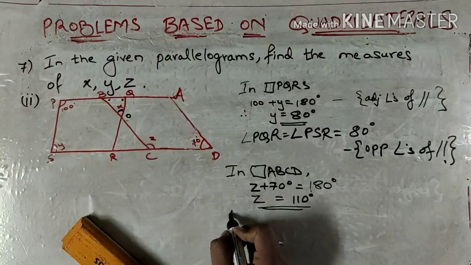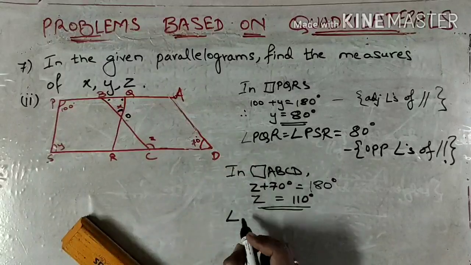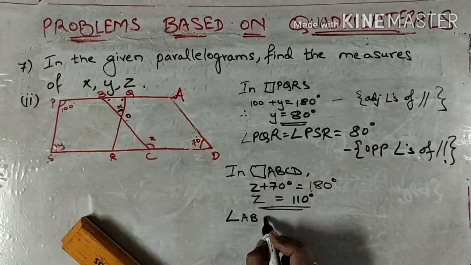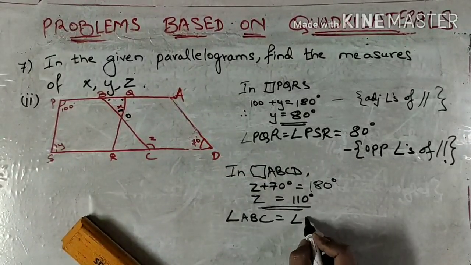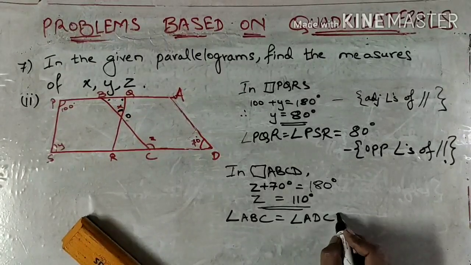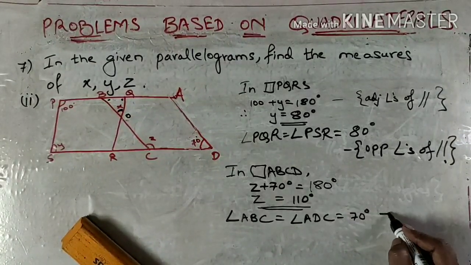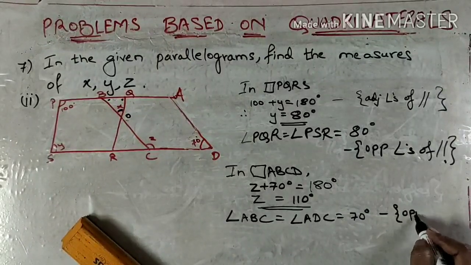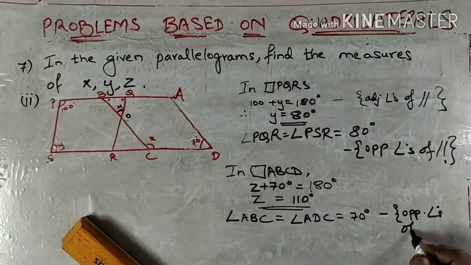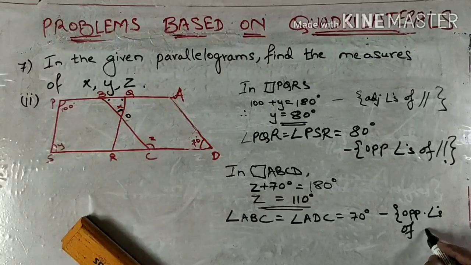So angle ABC is equal to angle ADC is equal to 70 degrees. Reason: opposite angles of a parallelogram.